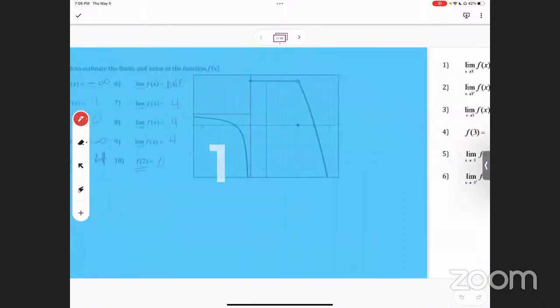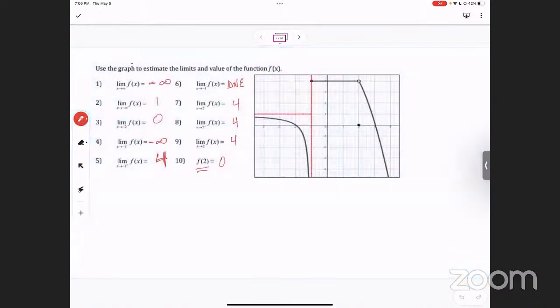I did have one question though. For number 9, the one thing that I'm confused on is why would it be the 4 here as opposed to D and E, because you also got the 4 down there? Because the limit doesn't have anything to do with the function value.